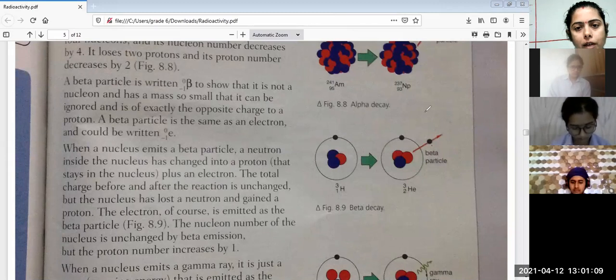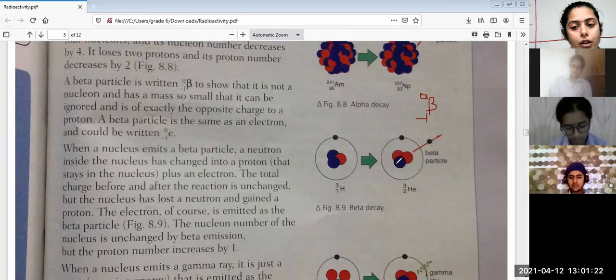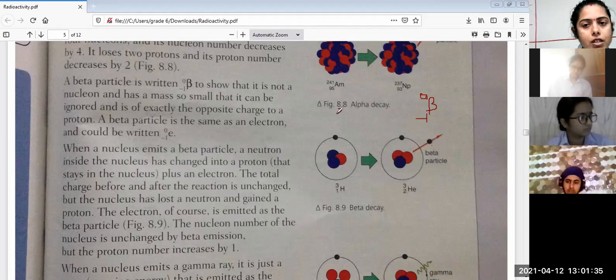So it is going to be like beta 0, minus 1. Why do we write here minus 1? Because we are taking something. You know this now, when you give something, you get positive charge. But when you take something, you get negative charge. Yes or no? So in this, you are taking something.